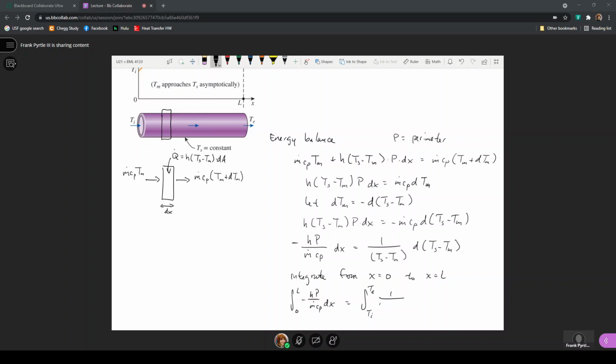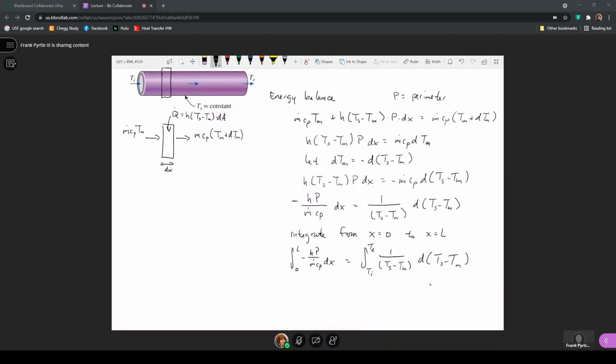So I'll write this as 1 over Ts minus Tm dTm, d(Ts minus Tm), like this. So here, if we evaluate this, hP, m dot, c sub p, all of those are constants.